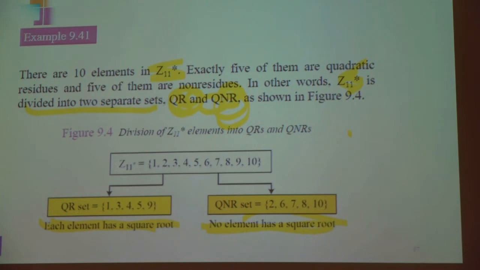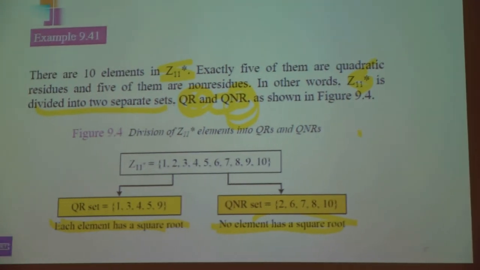If it does not, it will be 0. The ones that have a solution, we call them QR. The ones that don't have a solution, we call them QNR. It will be difficult to figure it out if it's any number. But if we use prime numbers, as you see here, it will be half and half of the set.